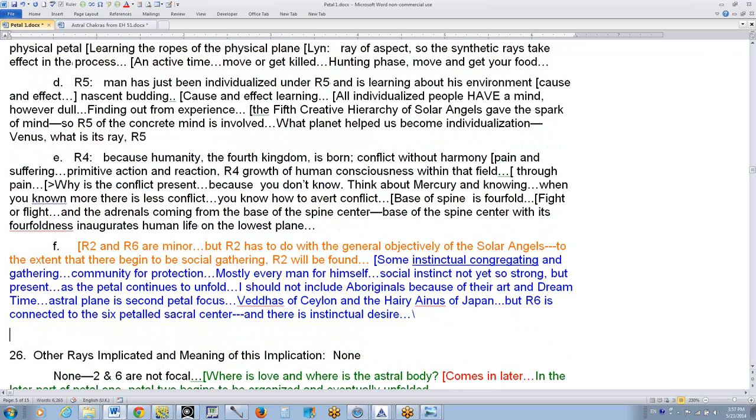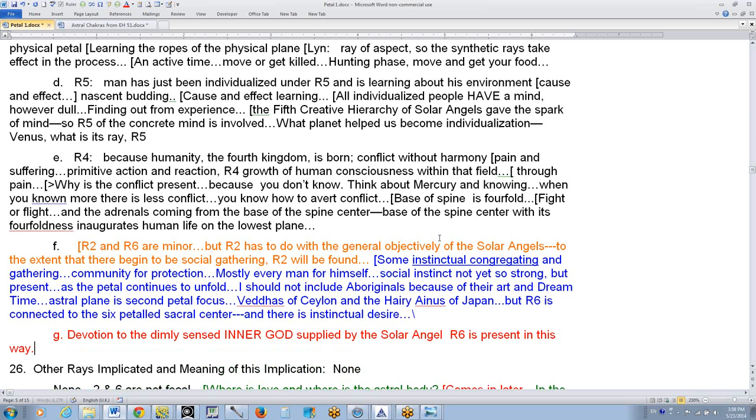The factor here is G, devotion to the dimly sensed inner God supplied by the solar angel. So ray 6 is present in this way. Okay.